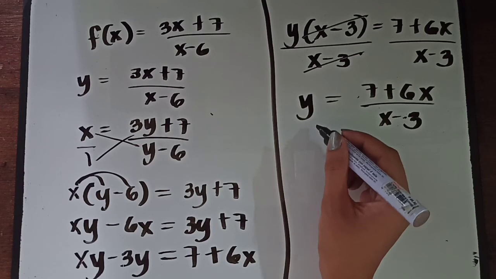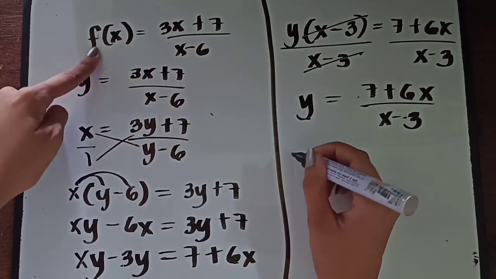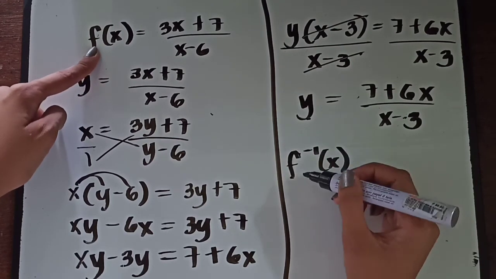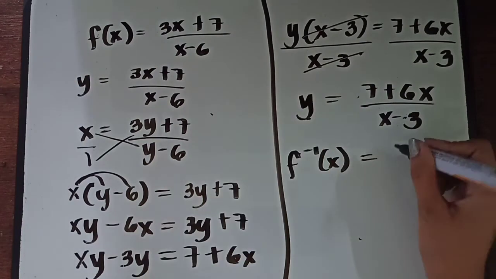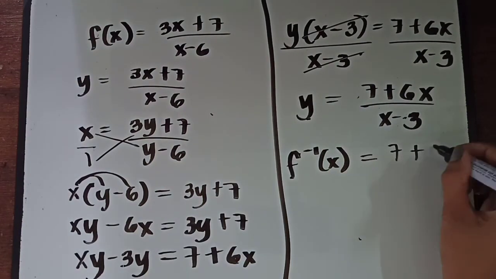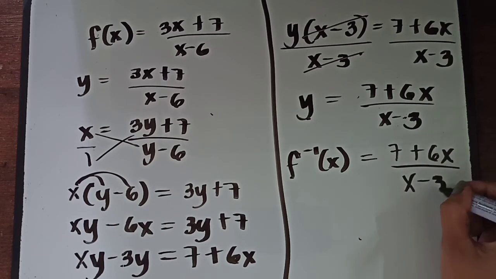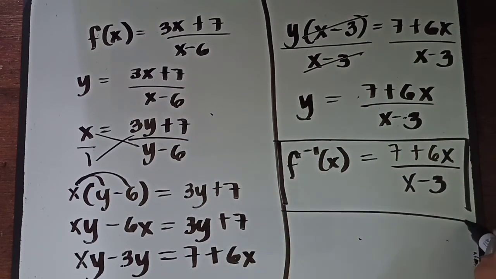Okay, so since ang kinukuha natin is inverse, palitan ko si y, gagawin ko siyang f raised to negative 1 of x, or f inverse of x is equal to, kung ano yung nakuha kong sagot, which is 7 plus 6x over x minus 3. Okay, so ito na po yung inverse ng function natin.